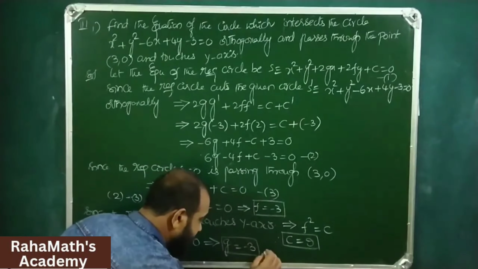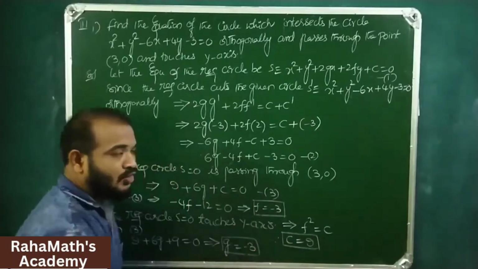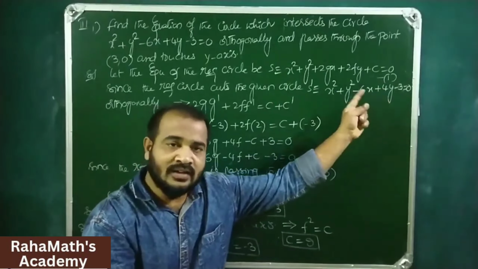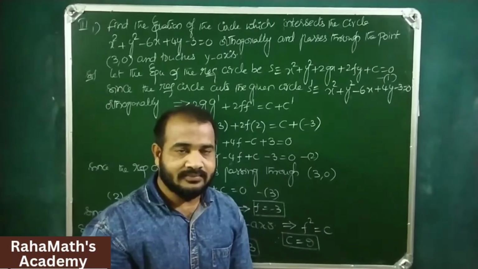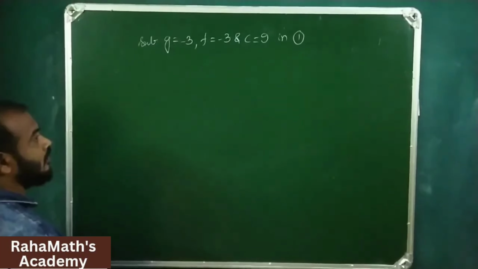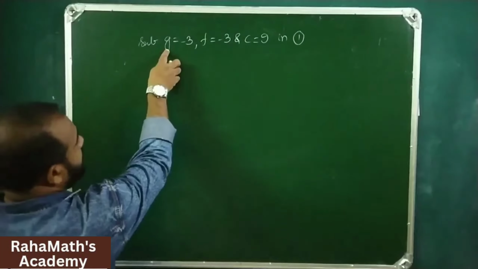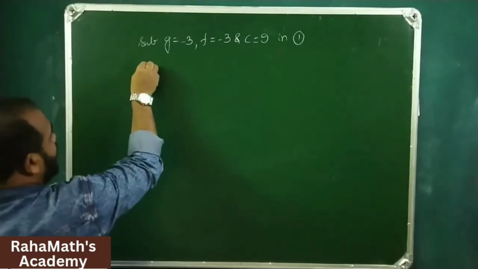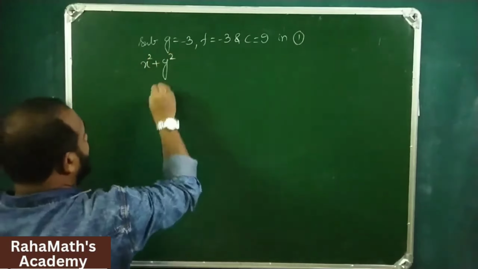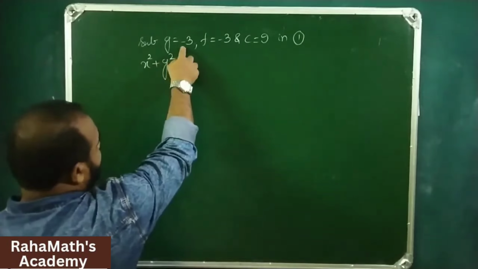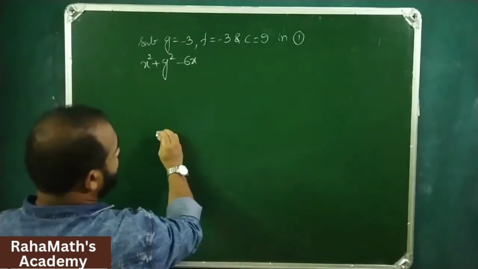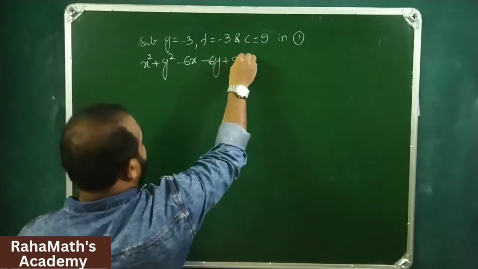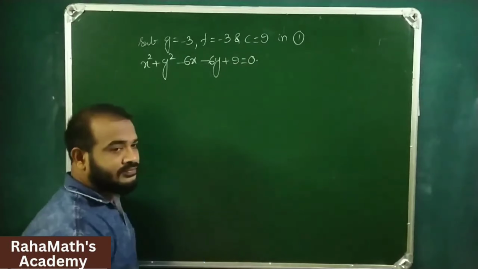Therefore, we have the g value, f value, c value. All we need to do is to substitute in equation 1 to obtain the equation of the required circle. Substituting g equals minus 3, f equals minus 3 and c equals 9 in 1: x square plus y square, 2gx is 2 into minus 3, minus 6x, 2fy is 2 into minus 3, minus 6y, plus c, 9 equals 0.